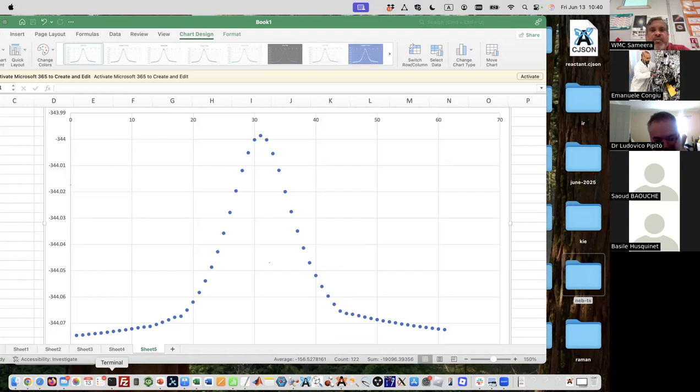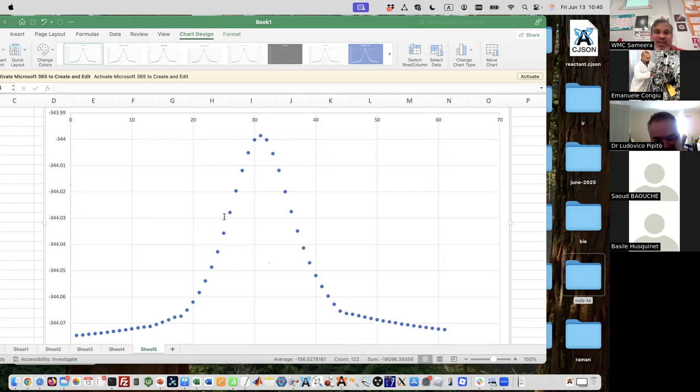Shouldn't the product come before the reactant? Okay. There are many questions about transition state computation.